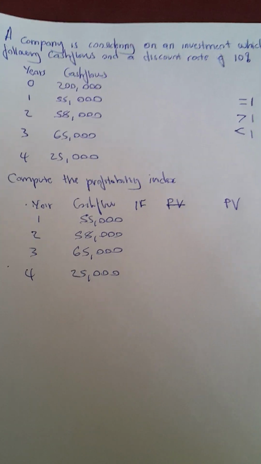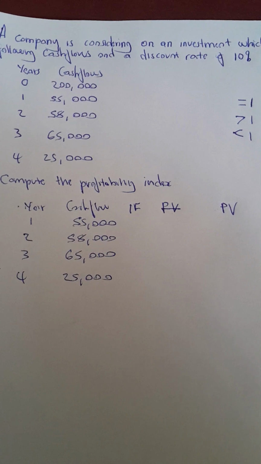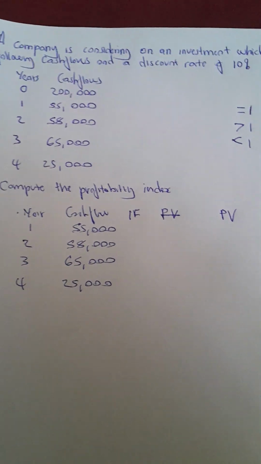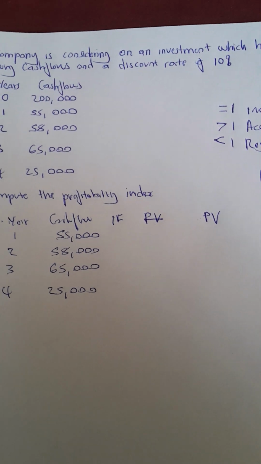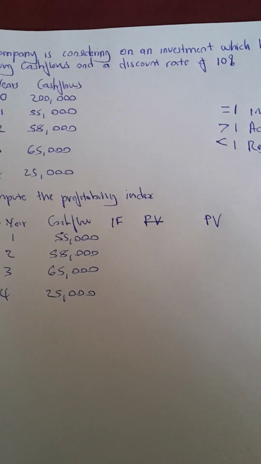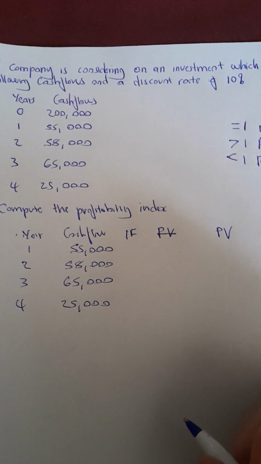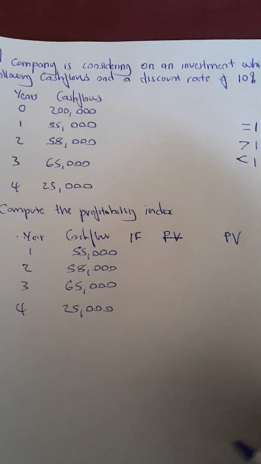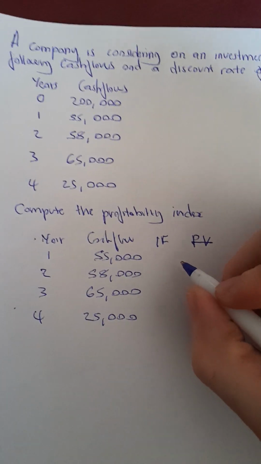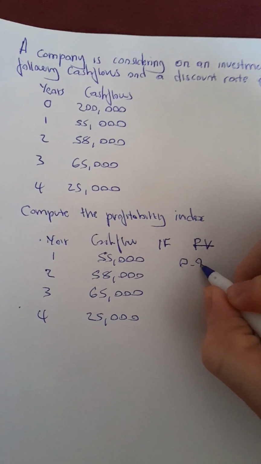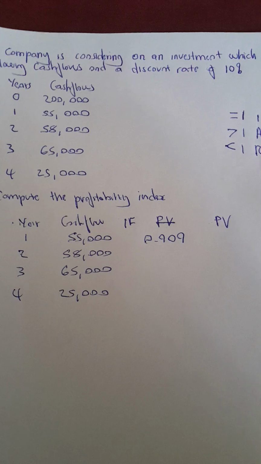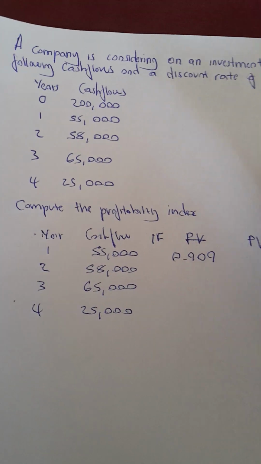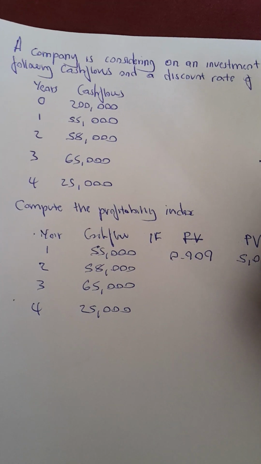So the first part we will compute for the first year, that is 1.1 raised to power negative 1. We will get 0.909. If we multiply it by 55,000, we will get 50,000.